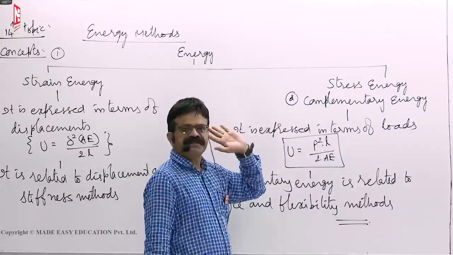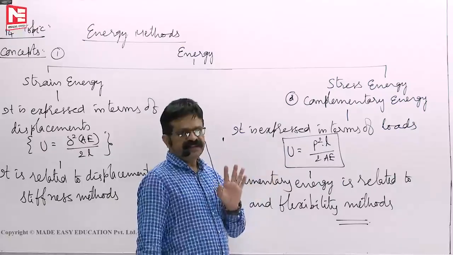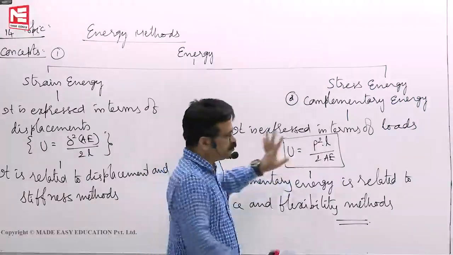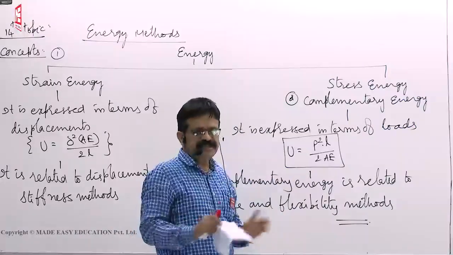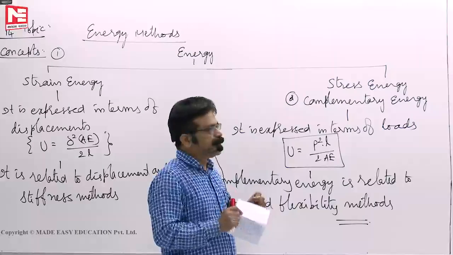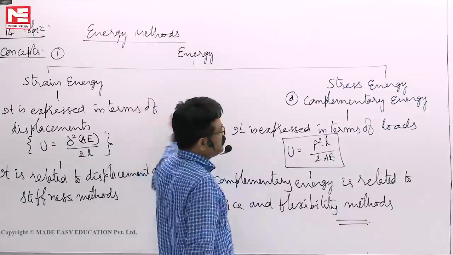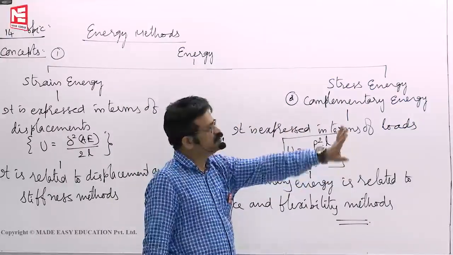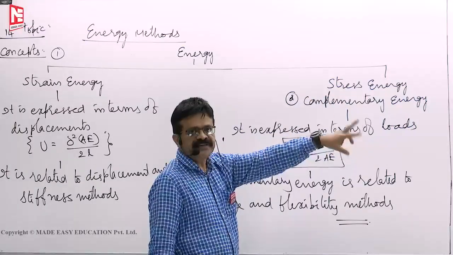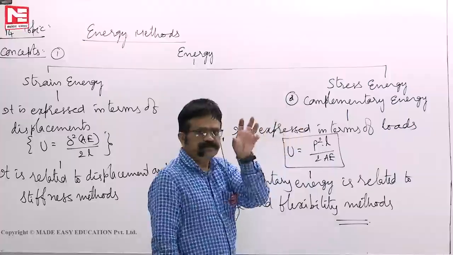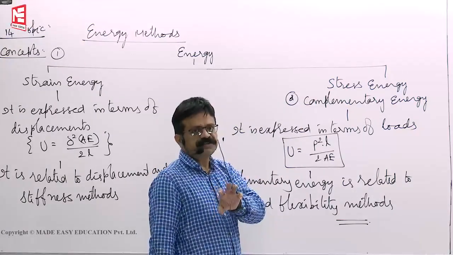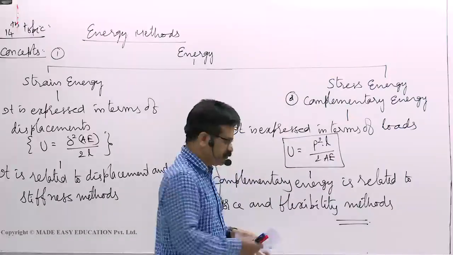Theorem 1 you can apply for linear and non-linear elastic materials. Now I am giving you the bird's eye view of the entire energy methods available. So, the difference between strain energy and complementary energy you have known. Sometimes it will be equal. For non-linear materials, the complementary energy and strain energy magnitudes will be different.